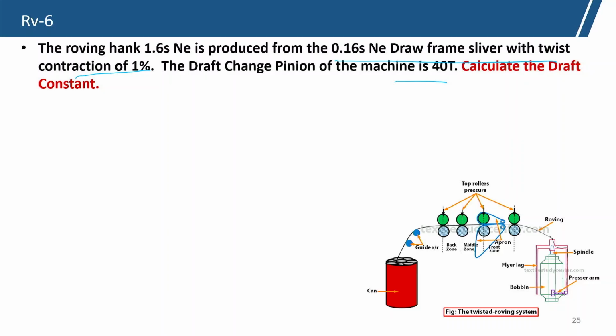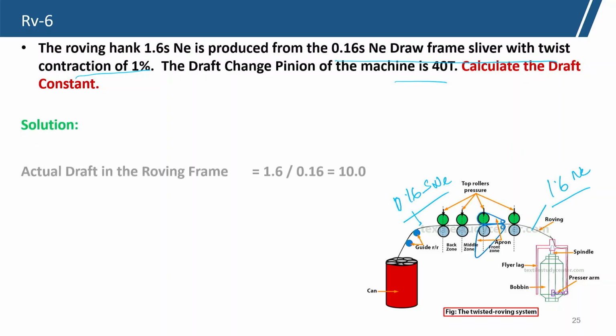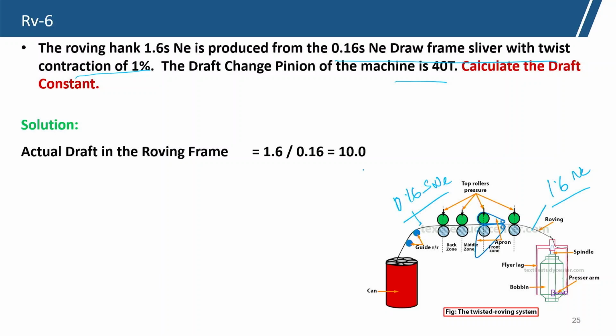So, here this is the sliver 0.16 and here we are getting 1.6 Ne. So, that means we are getting the actual draft of 10. So, actual draft is 10, 1.6 divided by 0.16.